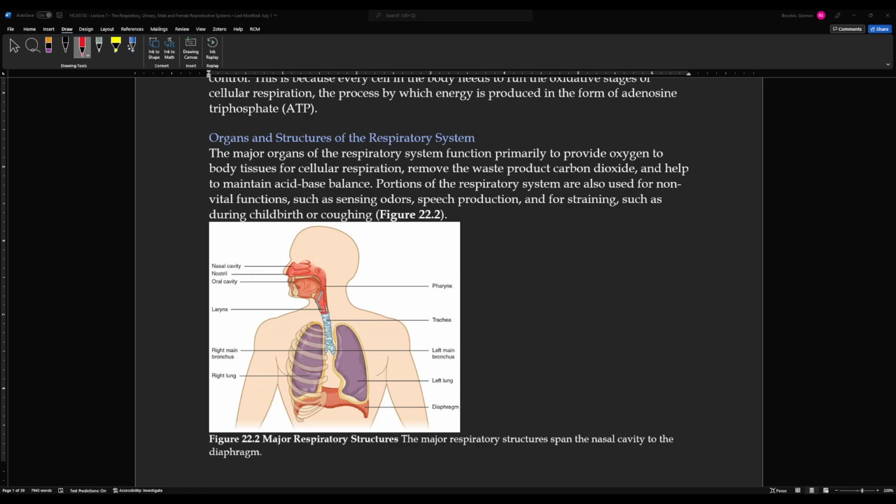And the lungs also play a rather interesting role in the control of blood volume as well, since they create angiotensin converting enzyme, which we will talk about later.